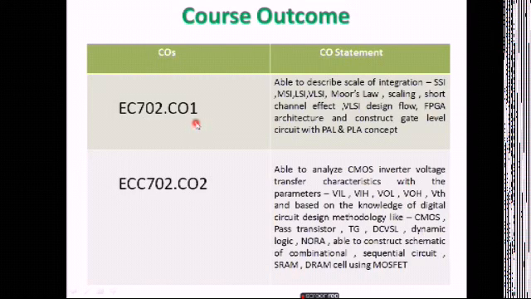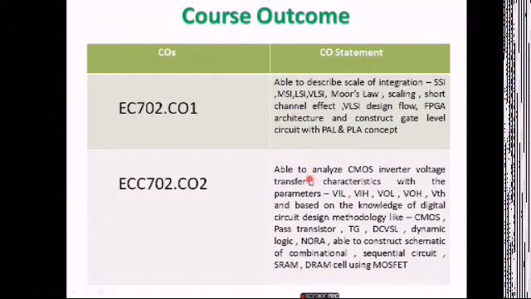So, the course outcome is given as EC702.CO1 is able to describe scale of integration, that is SSI, MSI, LSI, VLSI, and Moore's law, scaling, short channel effect, VLSI design flow, FPGA architecture and construct, gate level circuit with PAL and PLA concept.